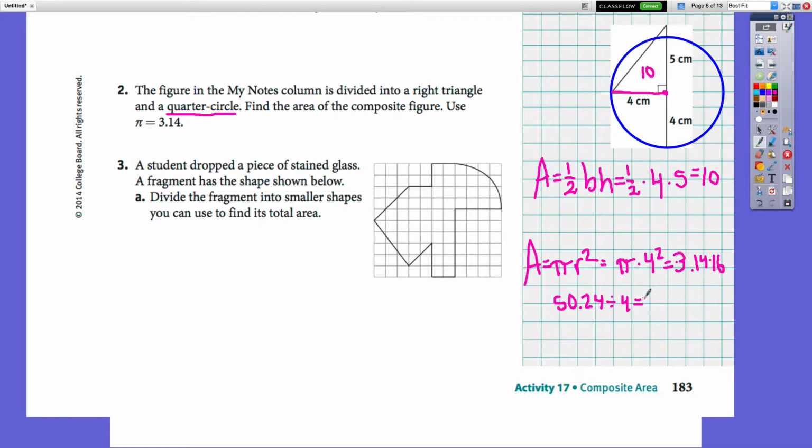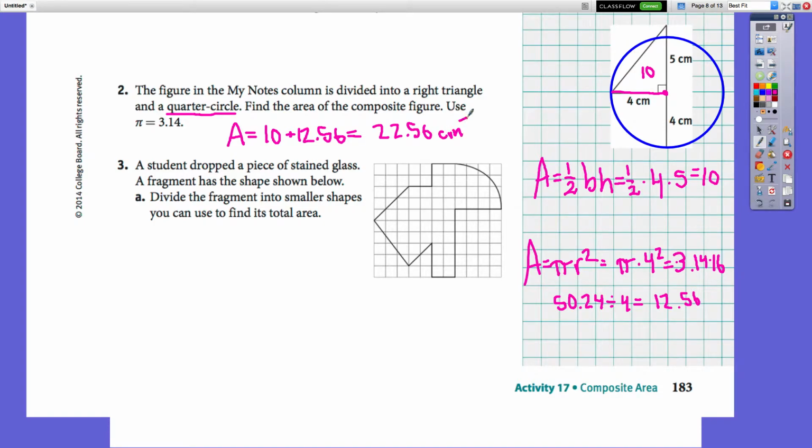We want 1/4. So if we divide that by 4, we will get 12.56. So again, the area of the entire composite figure, if we add 10 plus 12.56, we have a total area now of 22.56.